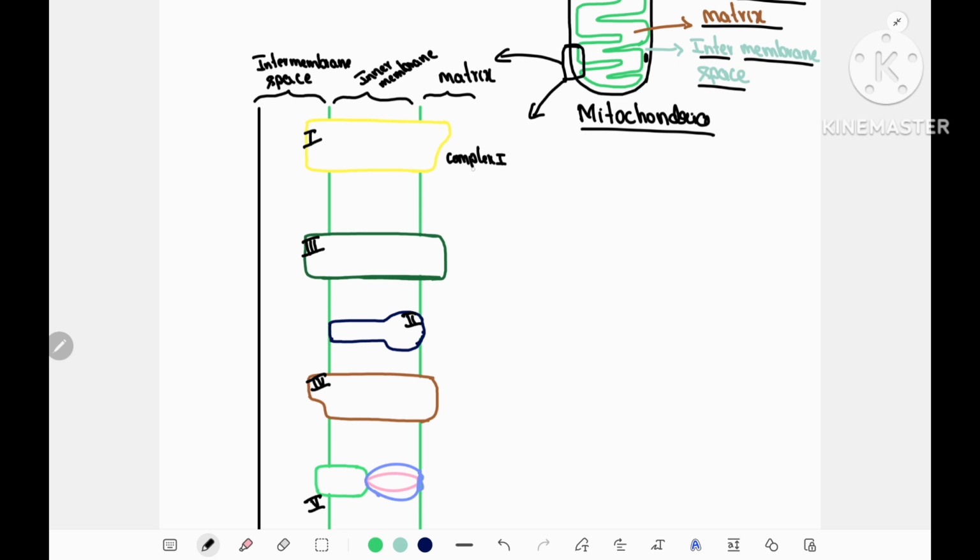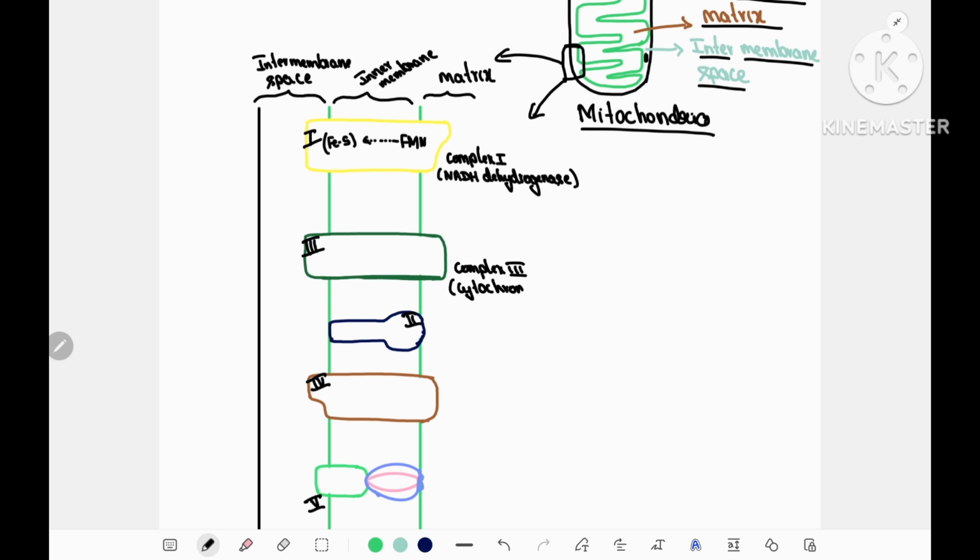Complex 1 is associated with NADH dehydrogenase enzyme, and it contains electron transporters, namely FMN, flavin mononucleotide, and FeS. And after complex 1 comes complex 3, it's not complex 2. After complex 3 is complex 2.